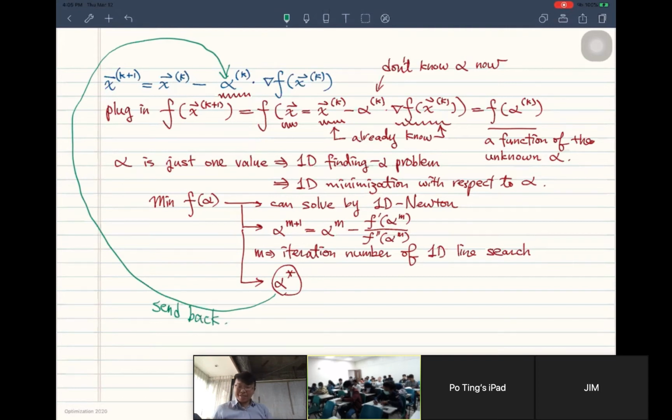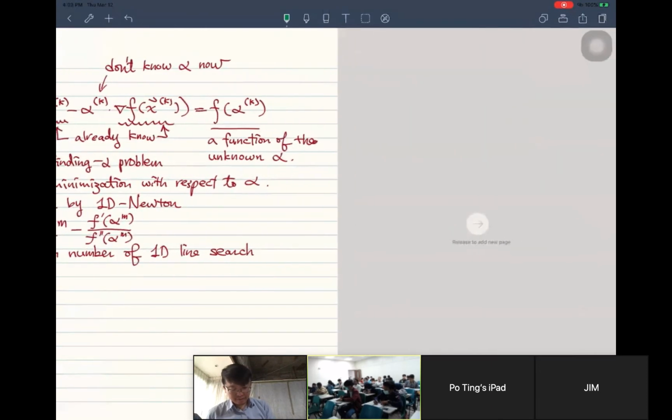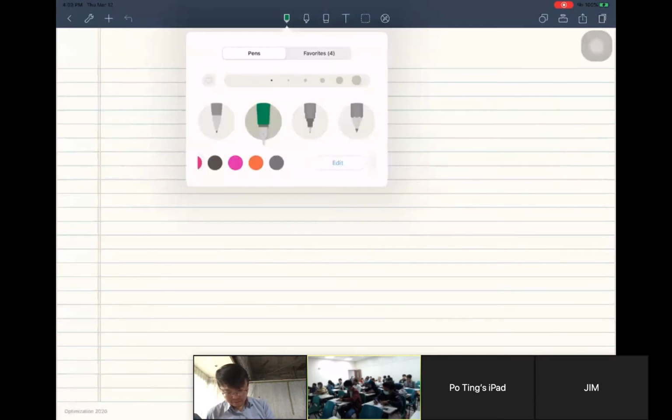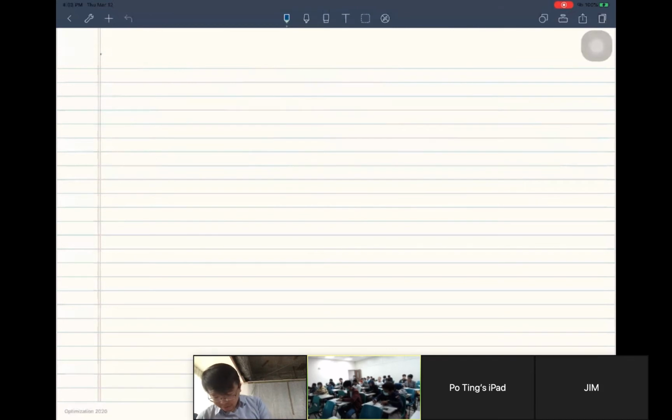So this is how steepest descent works. And I know this is a little complicated, so let me write it down in a flow chart. Okay, let me show you in the flow chart. So, flow chart of steepest descent.